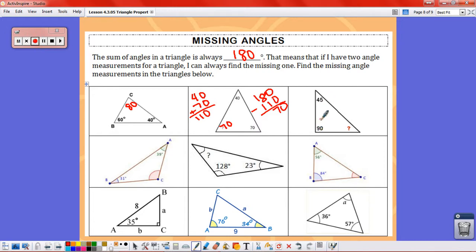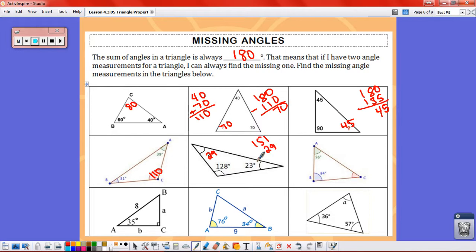45 and 90 makes 135, and 180 minus 135 is 45 degrees. 45, 45, 90. 31 and 39 makes 70, so this should be 110. 128 and 23 makes 151, so this should be 29.